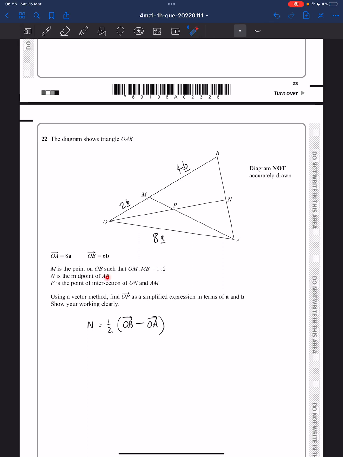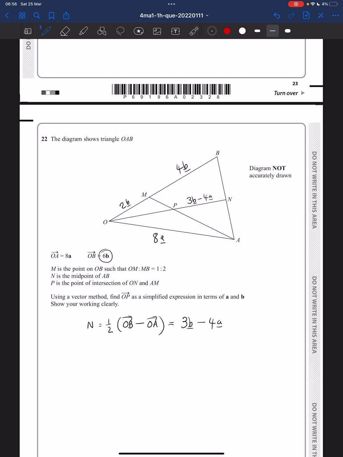Because A to B, you do B minus A. If it's the midpoint, it's half of it. So it's going to be 3B, which is a half of 6B, minus 4A. Okay, so this line here is 3B minus 4A.